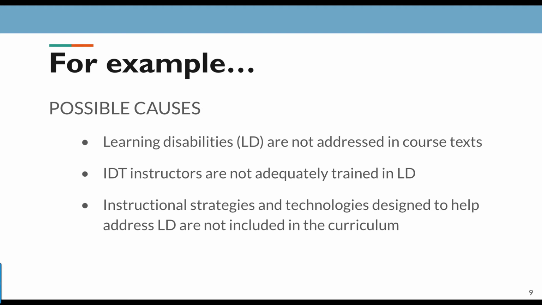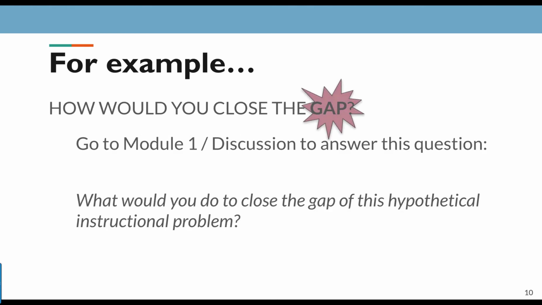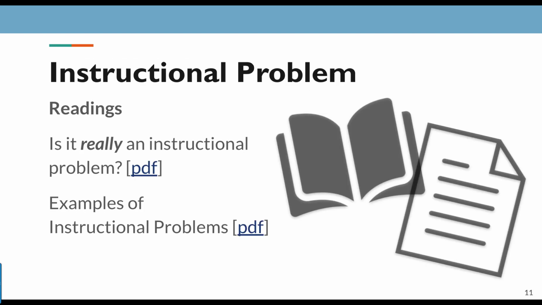Instructional strategies and technologies in the course that are designed to address learning disabilities are not included in the curriculum, and students and instructors may have no or little understanding of the importance of, or simply lack enough awareness of learning disabilities. So how would you close that gap? You have an opportunity to discuss your answer to the question below in the Module 1 discussion on this topic. What would you do to close the gap of this hypothetical instructional problem?